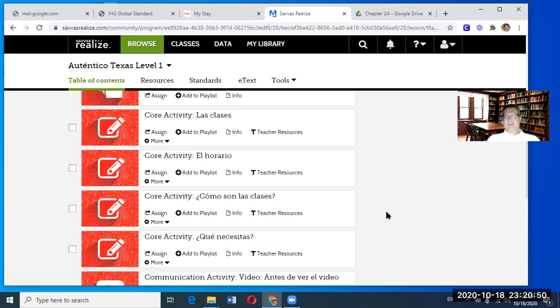So please find these 4 handouts in Schoology, in the material section. It would be now week 10. It is the fourth week of the second 6 weeks. So please go to that folder and open it.